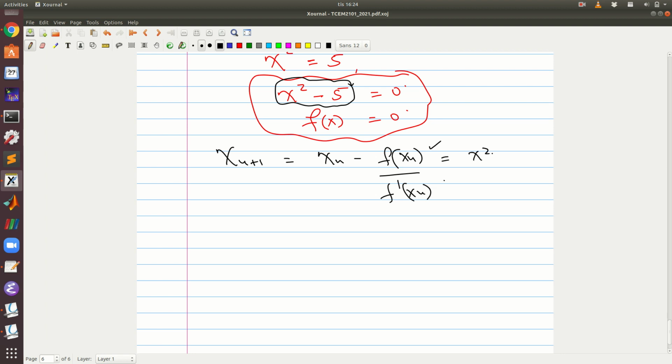What is f of x? x squared minus 5. And then what is the derivative? f dash of xn. This is xn squared minus 5, and this one here is going to be 2xn. Okay, so we shall just substitute that, and it will be good if you can, as usual, make use of a table.